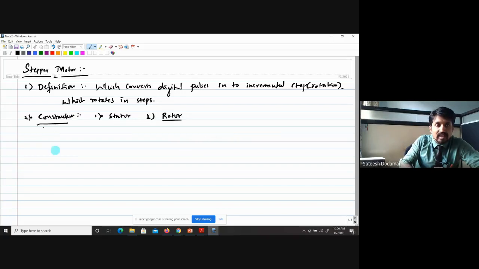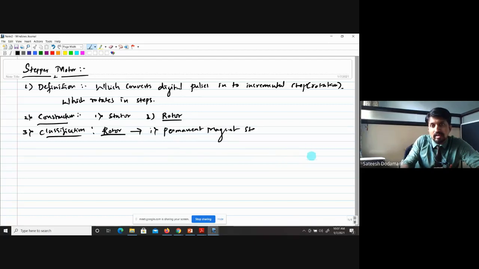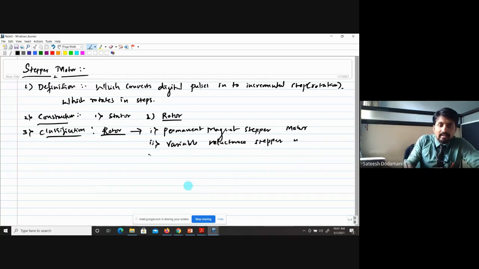Based on the rotor design, it is classified, so the types based on the rotor are: permanent magnet stepper motor, variable reluctance stepper motor, and then the third one is hybrid stepper motor.